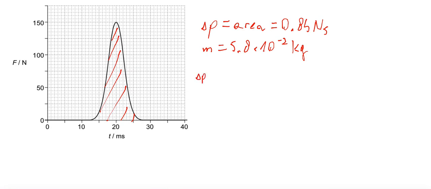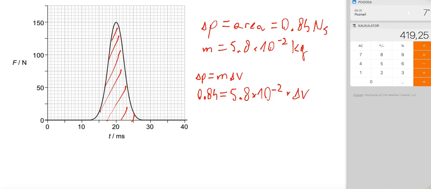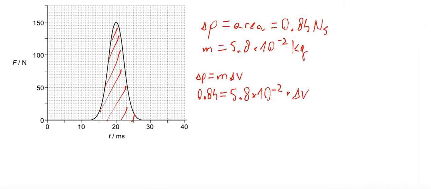Delta p is given. The mass of the ball doesn't change, so only one thing changes, speed. So you can use this equation directly: 5.8 times 10 to the power of minus 2 times delta v, which will be equal to the final speed, is equal to 0.84. I'm going to divide this. 0.84 divided by 5.8 results in 0.14, and so 14.5 meters per second, around 14.5 meters per second.